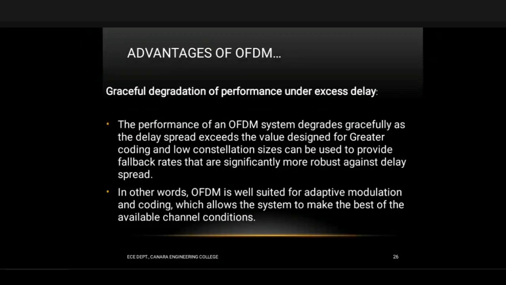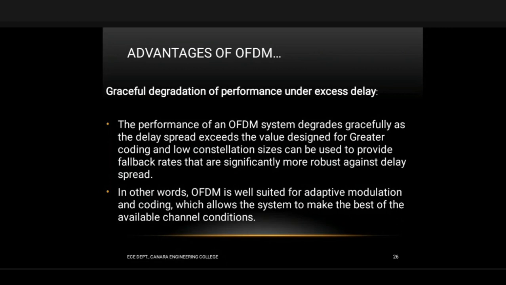The next advantage is graceful degradation of performance under excess delay. The performance of an OFDM system degrades gracefully as the delay spread exceeds the value designed for. Greater coding and lower constellation size can be used to provide fallback rates that are significantly more robust against delay spread.